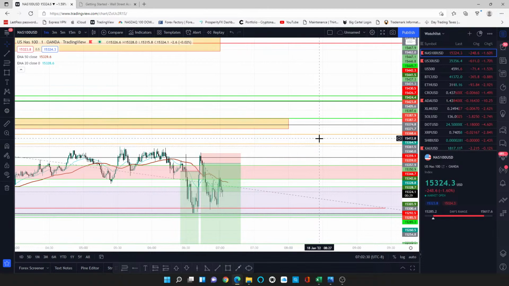Let's see if it can break this. Okay, see how it's just bouncing and flagging out right now. All right. Nope, still didn't finish bearish.